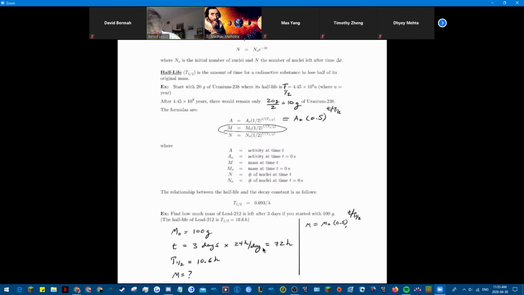Okay, so 100 grams, 0.5, will be 72 divided by 10.6. So you do PEMDAS here, you do the brackets, right?